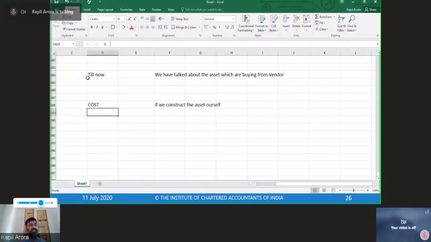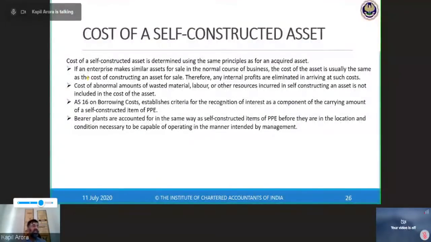If I have to construct the asset, the cost will involve labor, material, any overheads which are required. Any directly attributable overheads which are required, all those will be added in the value of the asset.